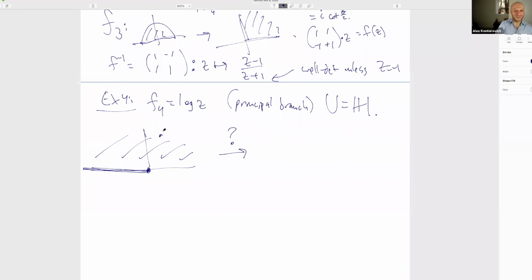Remember, if you have a point z here, which is r e to the i theta, and theta is between 0 and pi, then that gets sent under log in the principal branch to log r plus i theta.